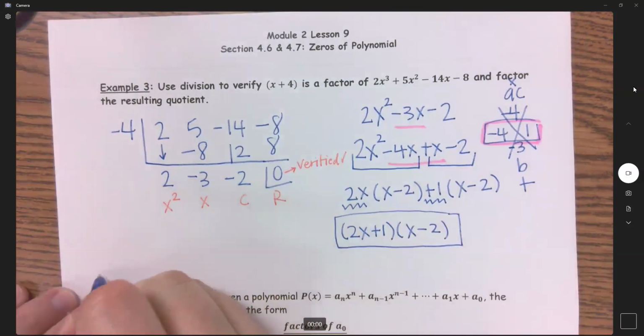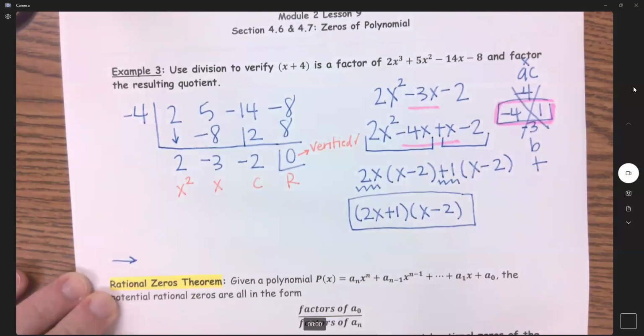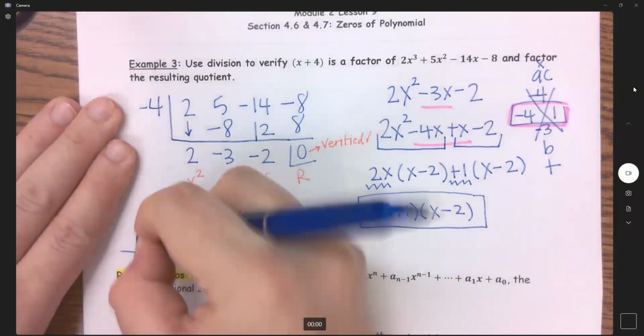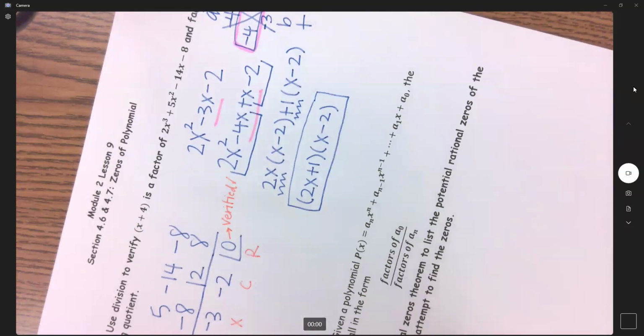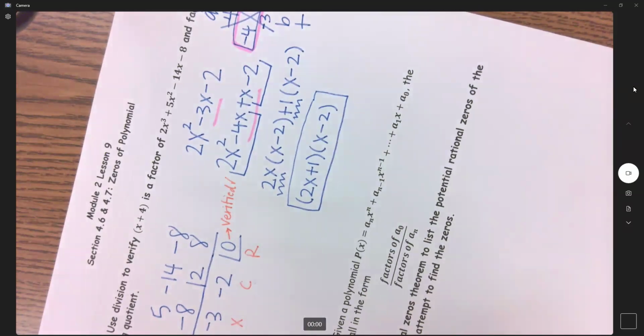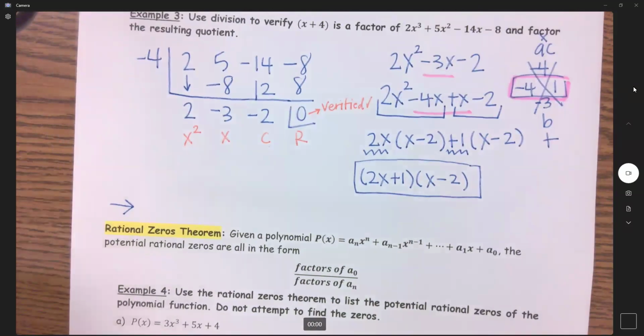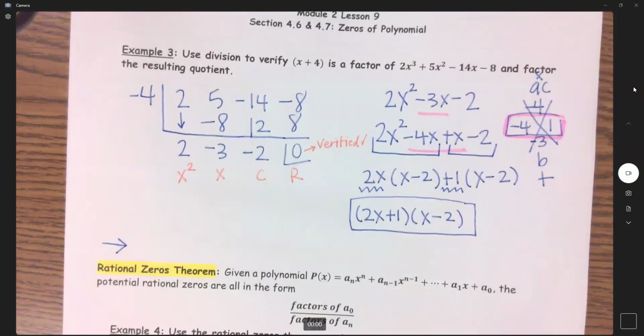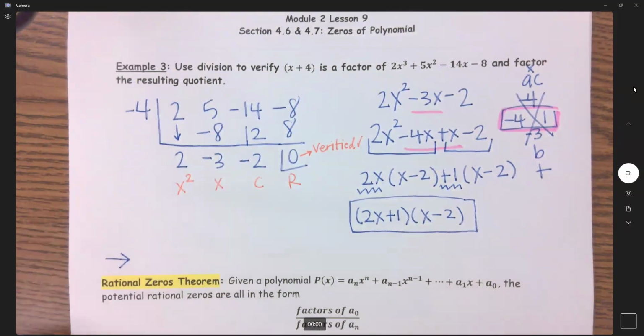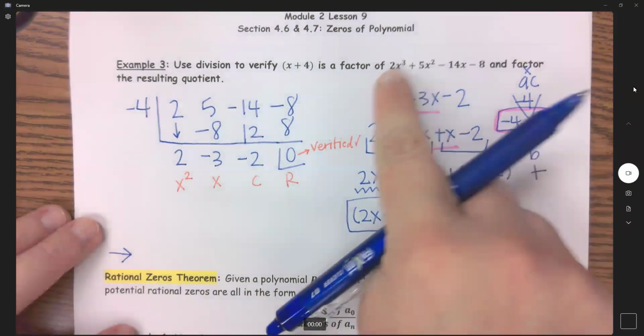But as a little bonus right here, let's make a better arrow real quick, sorry. Okay, as a bonus, and this is what we're going to be doing this lesson.